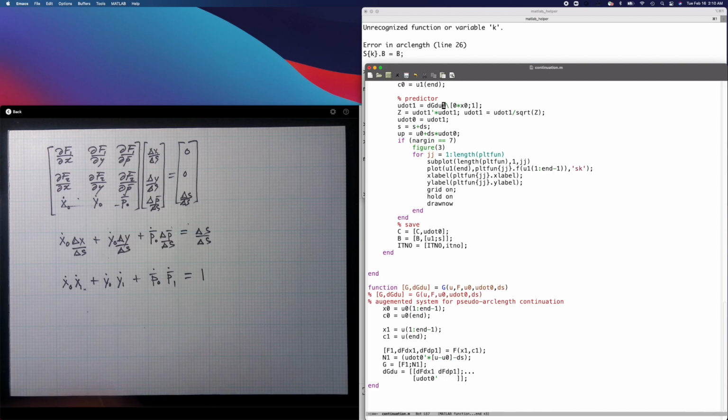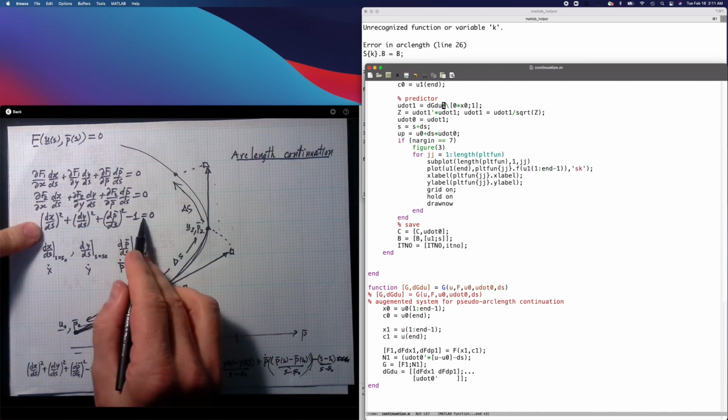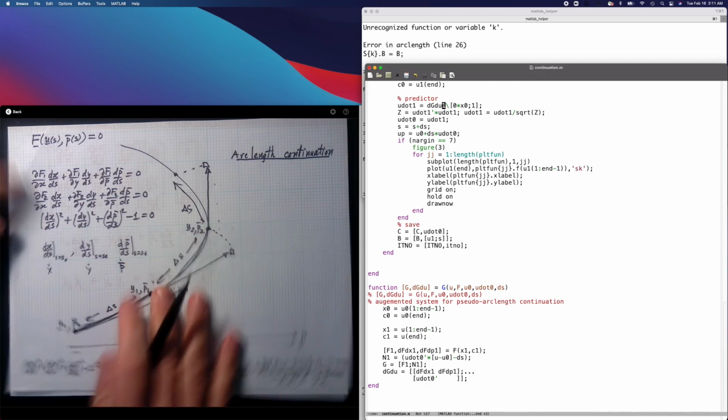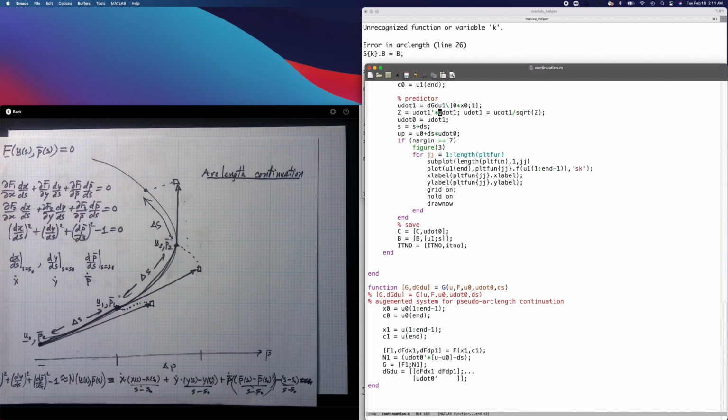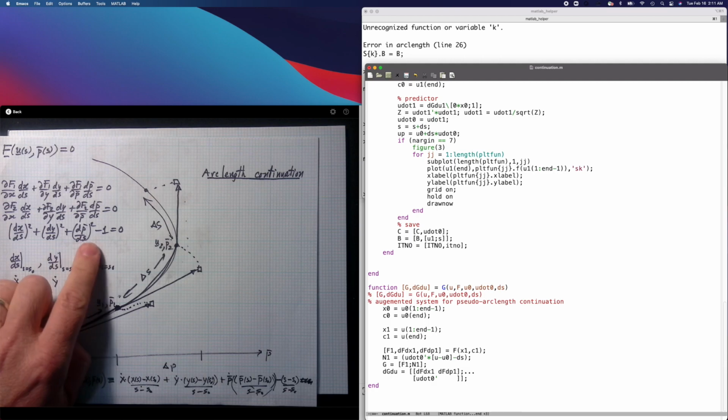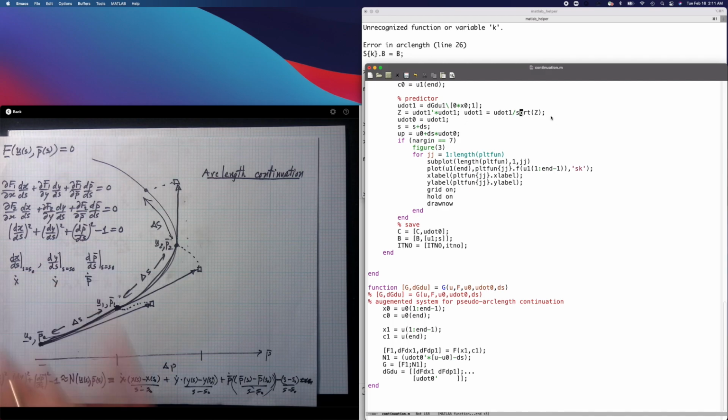And then I want to make sure that my new solution is normalized, because I want this to be equal to 1. So over here, I compute z, which is the norm of this thing, and then I divide u dot 1 by the square root of the norm, so that now I'm sure that u dot 1 dotted with u dot 1 is equal to 1.